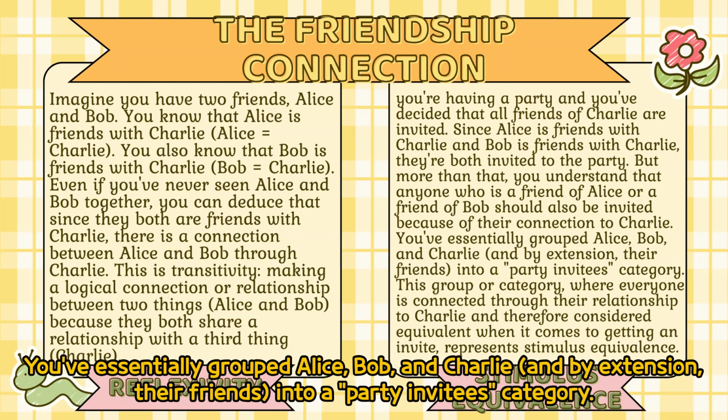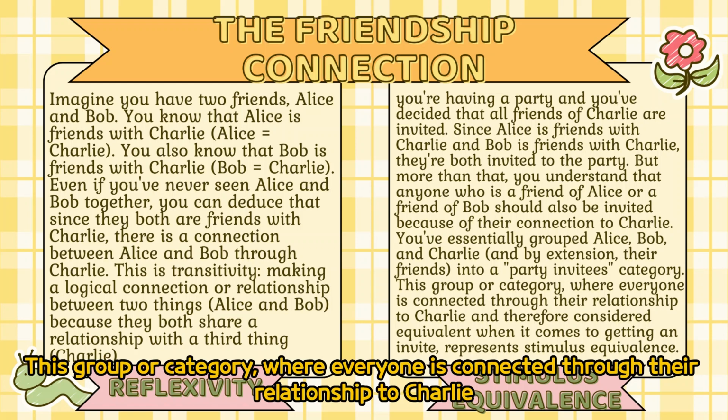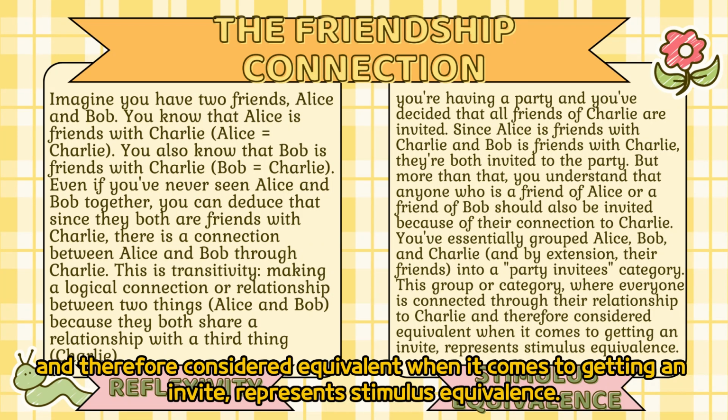You've essentially grouped Alice, Bob, and Charlie, and by extension, their friends, into a party invitees category. This group or category, where everyone is connected through their relationship to Charlie, and therefore considered equivalent when it comes to getting an invite, represents stimulus equivalence.